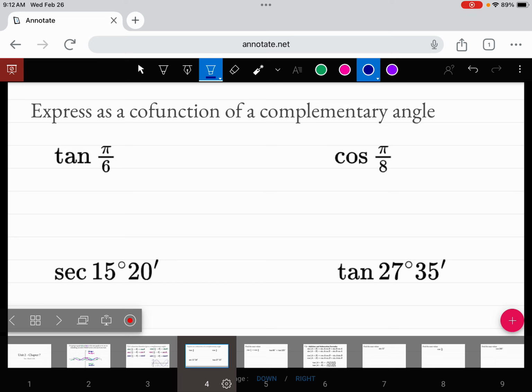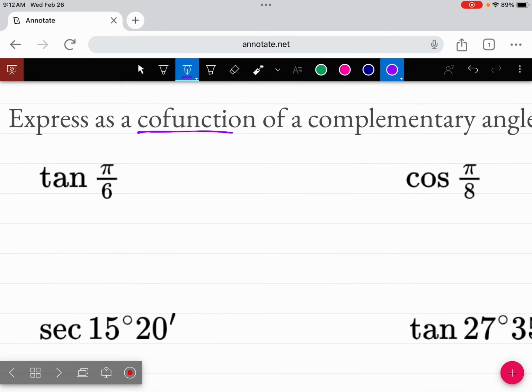So we're going to write this as a cofunction of our complementary angle. That's what that means. We're given a tangent. We want to be able to write this as a cotangent. That's what they're asking us to do. As our cofunction, it means I want to take tangent and make it be cotangent. And then that pi over 2 minus theta, that's what gives us our complementary angle.